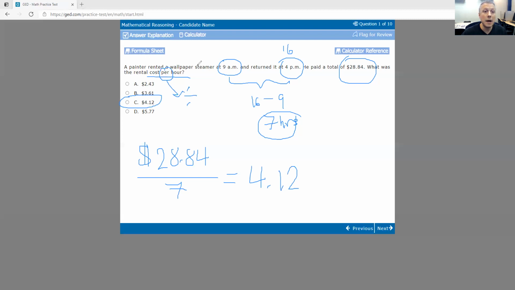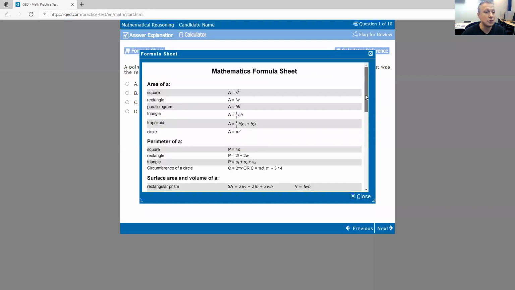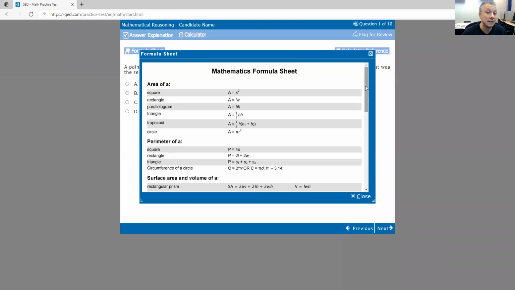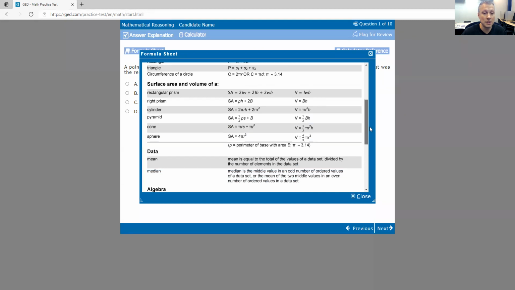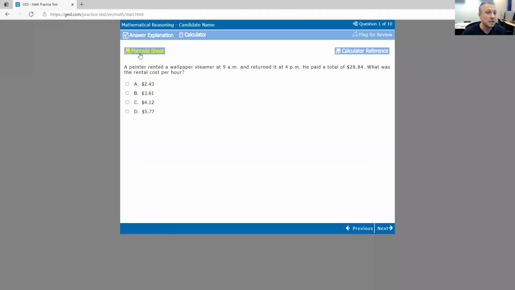Another thing to keep in mind in here, I'll clear my drawings here, is that you do have a formula sheet on the official GD exam. So you're going to see this. We've been talking about geometry lately and how we have areas, perimeter, circumference. We can go to 3D shapes like volume. So the formulas are all in here. So you will have a formula sheet sitting on top.